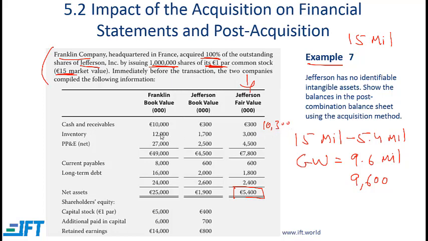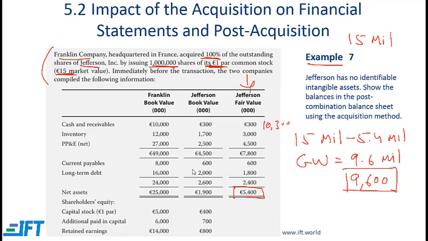Inventory is going to be 12,000 plus 3,000, which is 15,000. Property, plant and equipment is going to be 27,000 plus 4,500. And then the assets will also include goodwill of 9,600. You can come up with all the numbers and show the consolidated balance sheet. The next slide will give you the exact answer.